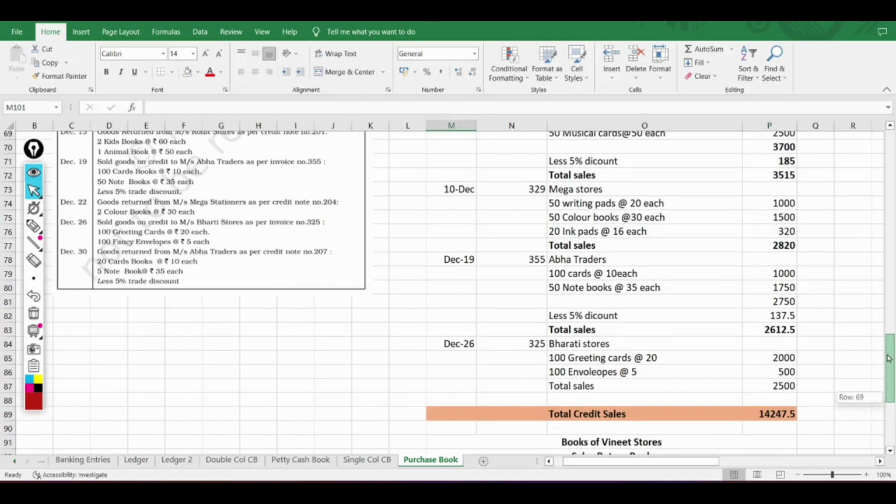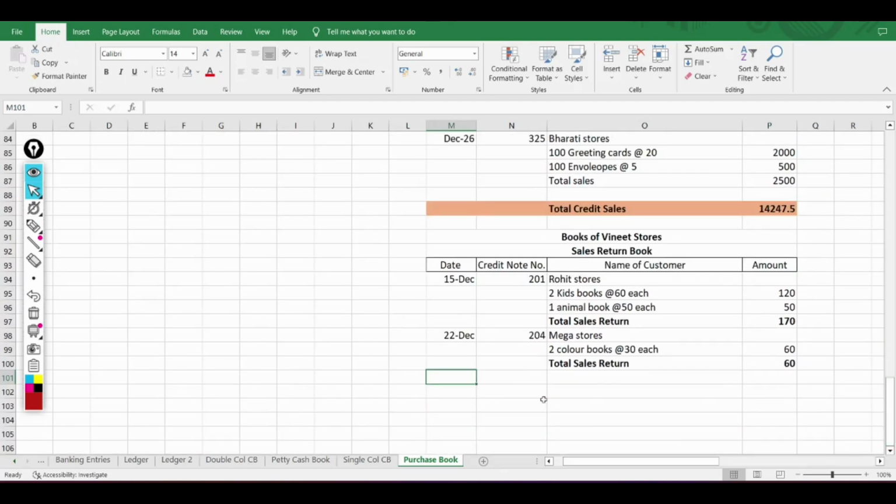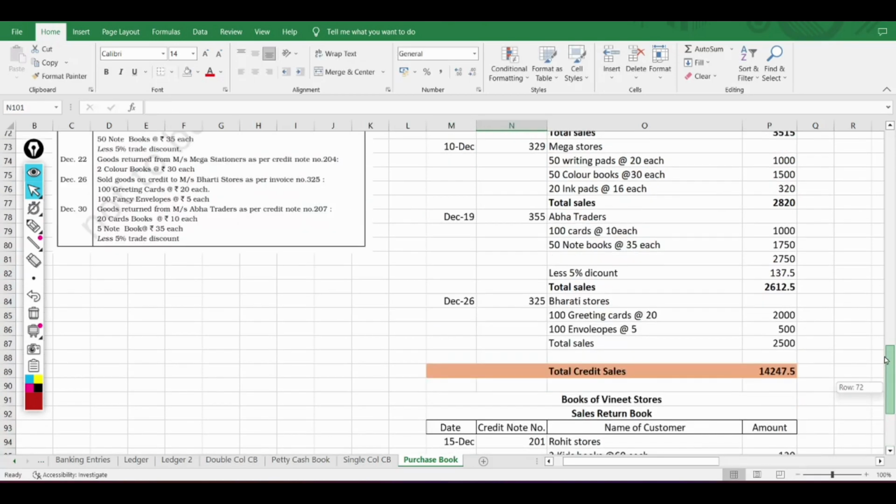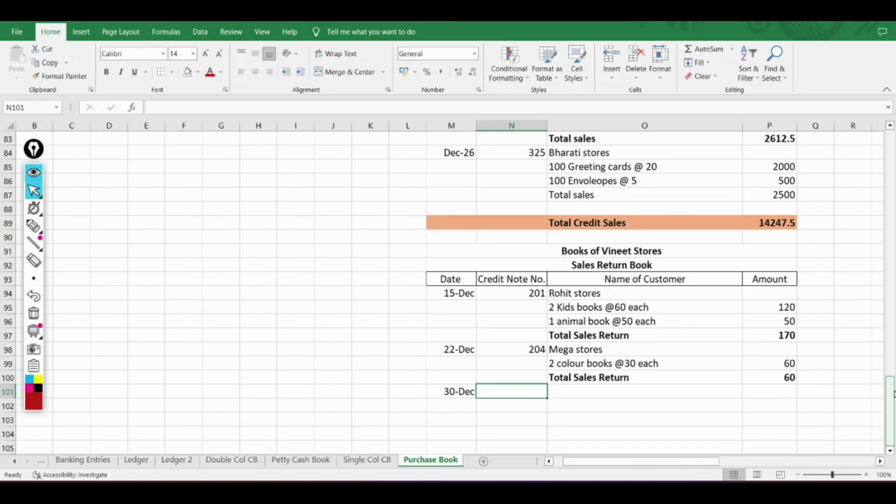Next, last transaction December 30th. Goods returned from Abha Traders, credit note number 207. From Abha Traders, what did they return back?